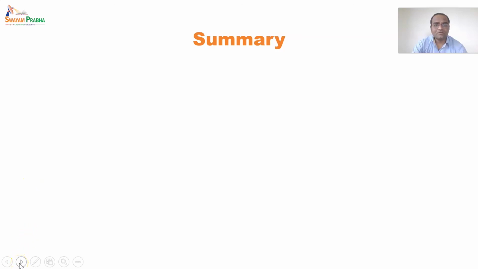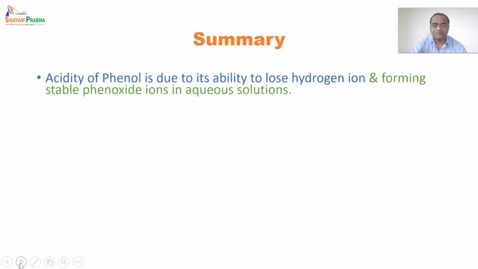So now we'll see a summary of today's session. We started with the introduction to phenol and the acidity of phenol. As per the resonance theory, phenol has the ability to lose or donate a hydrogen, and after that it forms a stable phenoxide ion in an aqueous solution.